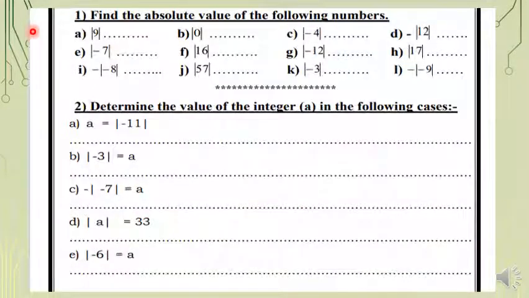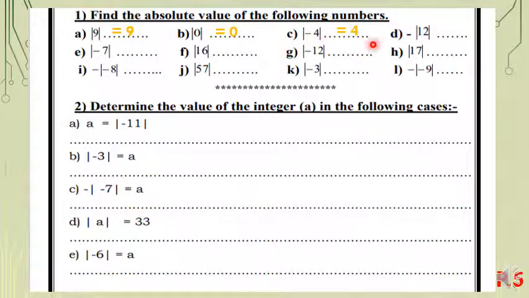Page 5, number 1. Find the absolute value of the following numbers. Letter A, absolute value of 9 equals 9. Letter B, absolute value of 0 equals 0. Letter C, absolute value of negative 4 equals 4.